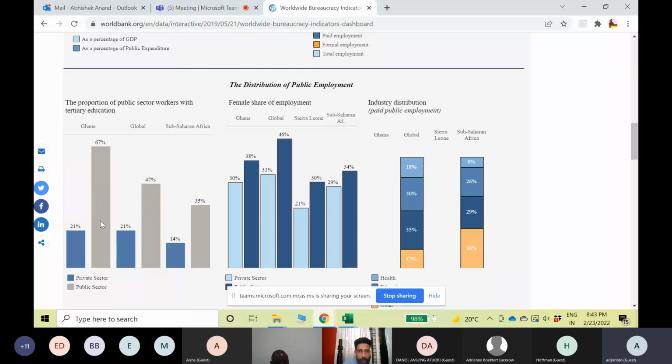The public sector workforce education level is much better than the global average, and certainly better than, of course, sub-Saharan African countries as a whole. And there's a massive difference. It's like 20 percentage points more workers have tertiary education in Ghana compared to the global average.